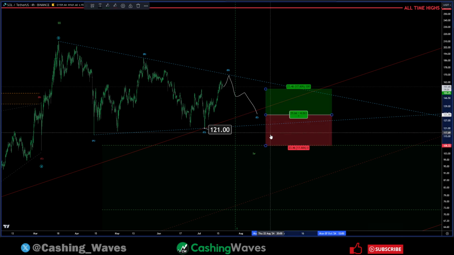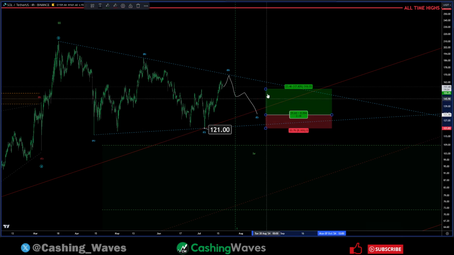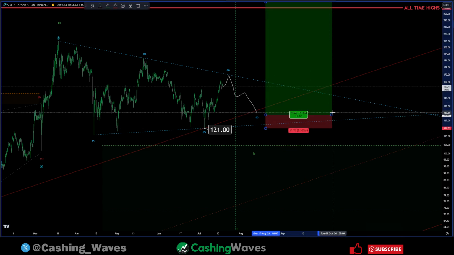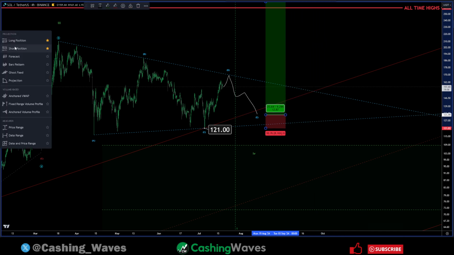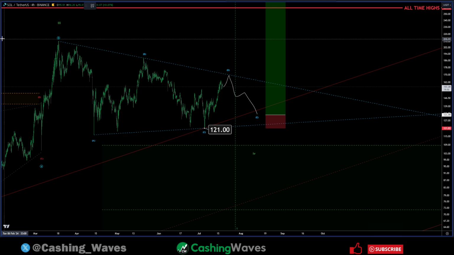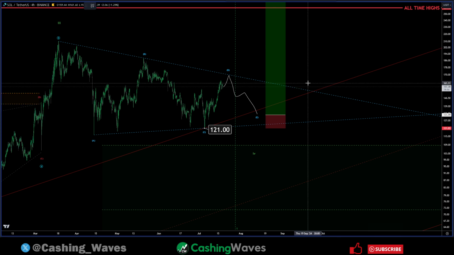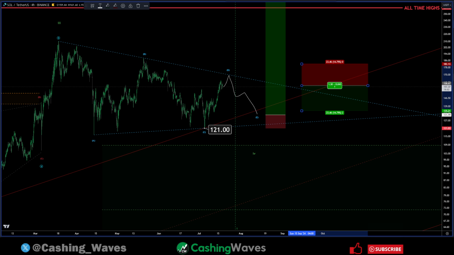I do this once in a while where I'll try and get the high end of the entry short and the high entry of the entry long and let one take out the other. So we'll put on that bearish triangle.